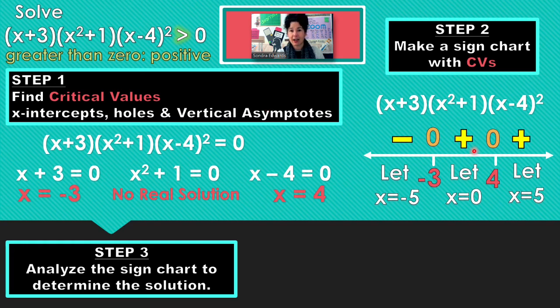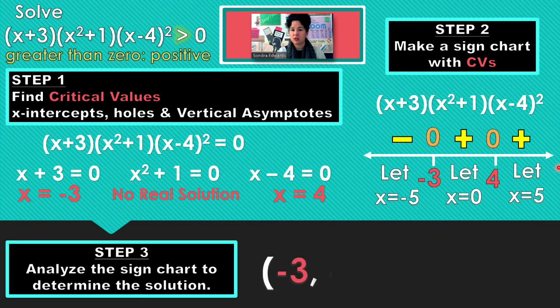So these are the sections where we substituted in x's and we got out positives, negatives, and zeros. We're only looking for positive. So where is that? Look right there, right between -3 and 4, we have positive, and from 4 forever to the right, we have positive.